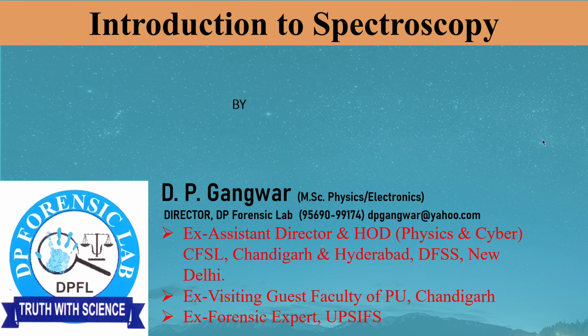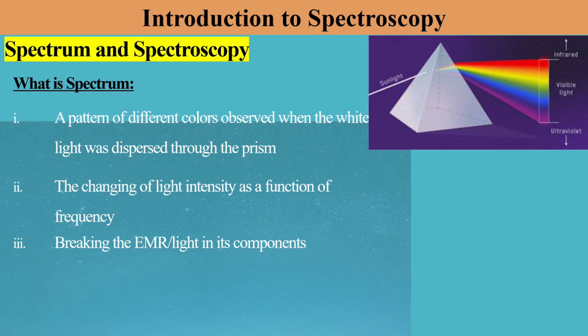In today's video, I will discuss the introduction to spectroscopy. So, what is a spectrum? A spectrum is a pattern which is observed when white light is dispersed through a prism.